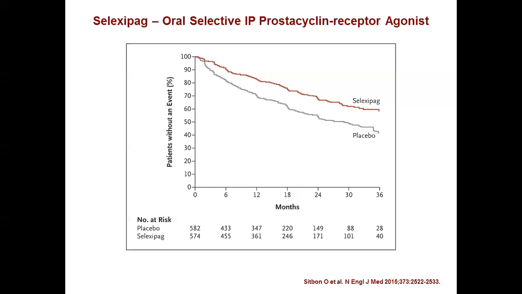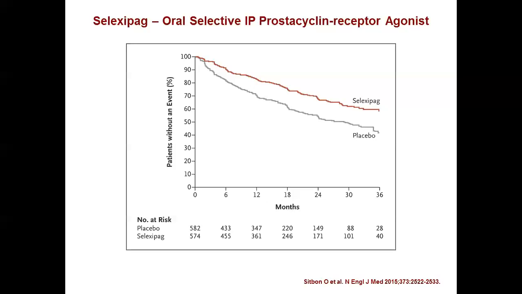Selexipag is a specific IP receptor agonist. The side effects are theoretically low, but still in the trial, patients actually got GI side effects. But what they did was, when a patient had a GI side effect, they stopped them at that dose. And even at that low dose, whatever they tolerated, there was a benefit. So basically, the idea is you're saturating the receptor. Whatever the dose, even if it's a low dose, that may be enough.